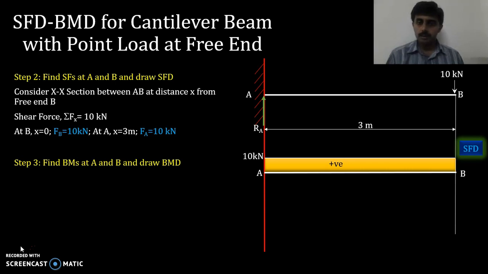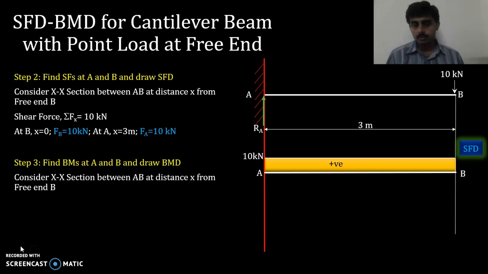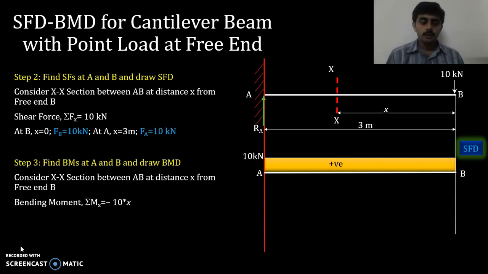Let me calculate the bending moment at A and B and draw the bending moment diagram. Again, we should consider the section XX at a distance x from its free end. Bending moment by definition is the summation of all the moments towards the right of the section.